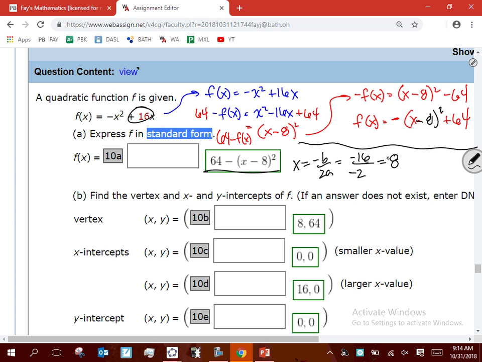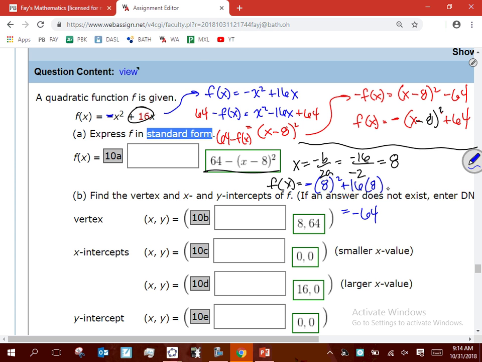When I plug that back into f of x, which is equal to negative x squared, well, x is now 8. So negative is not getting squared, right? That make sense, everybody? And then plus 16 times 8. Well, negative 8 squared is negative 64.